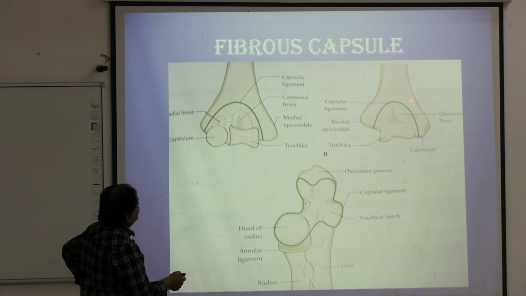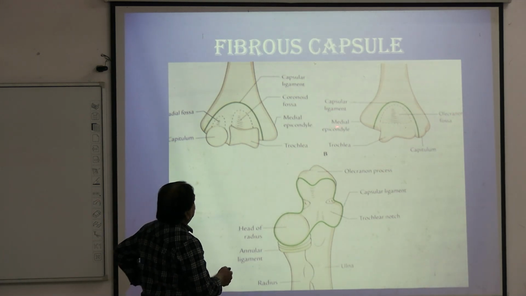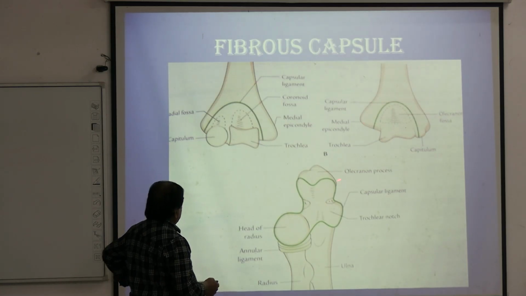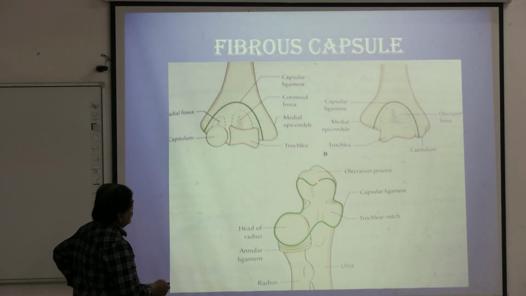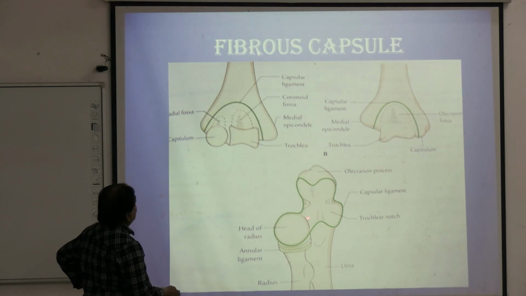Now the capsular ligament here, the olecranon fossa, medial epicondyle and trochlea. Now the olecranon process, the capsular ligament, see the covering here, and this is the head of the radius, this is the trochlear notch, and you see the green, this is the radius, this is the annular ligament. Now in green is the fibrous capsule.